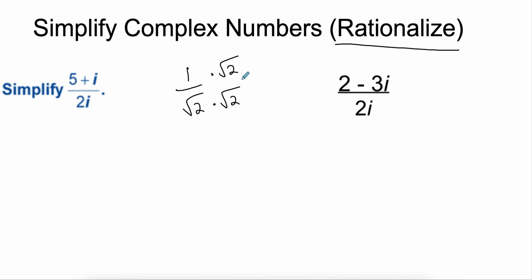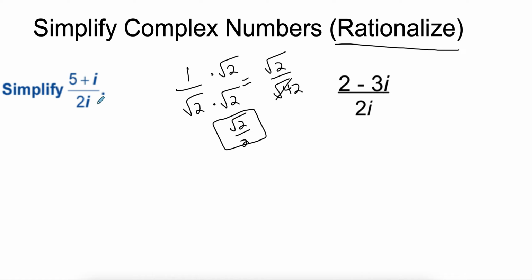And then we simplify from there. So this would be square root 2 over square root of 4, which is just a 2. So this would be square root 2 over 2 when I simplify that. And I can't simplify into a radical. Radicals are different than whole numbers. Okay? This is the way we've done this with real numbers.